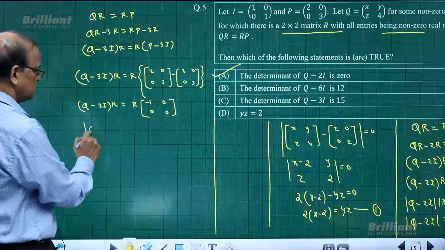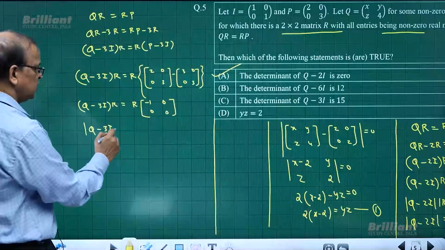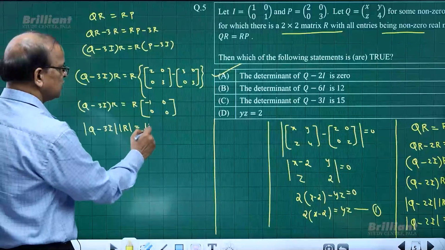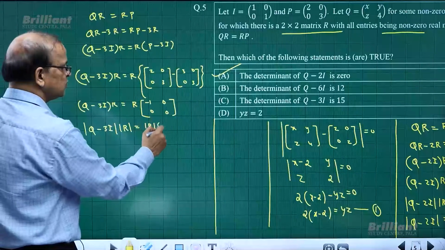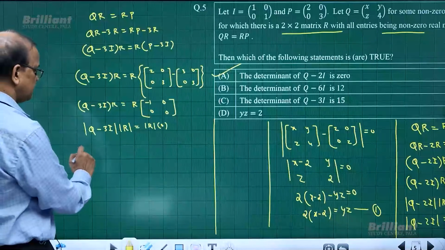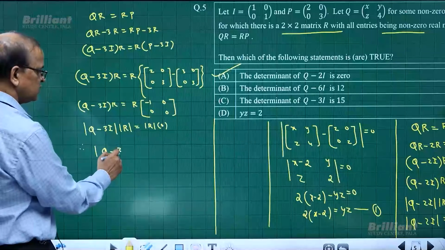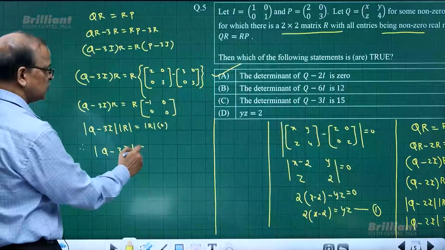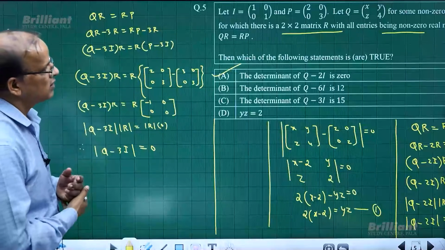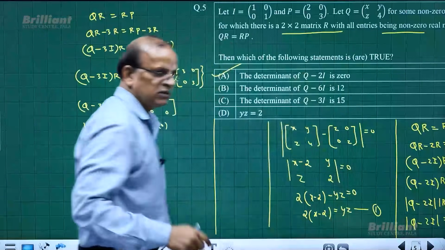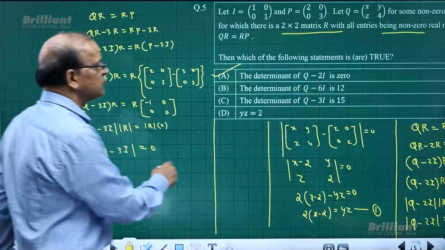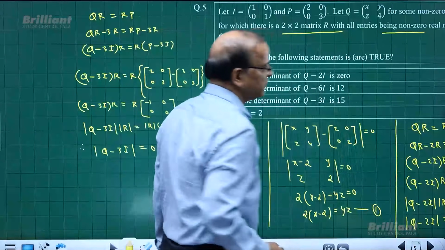Determinant of Q minus 3I into determinant of R is equal to determinant of R into the determinant of this, which is 0. Therefore, determinant of Q minus 3I is 0. We will not say anything about determinant of R here.